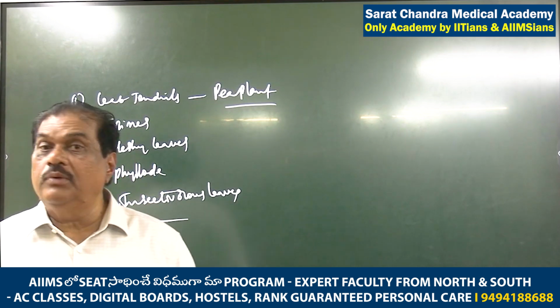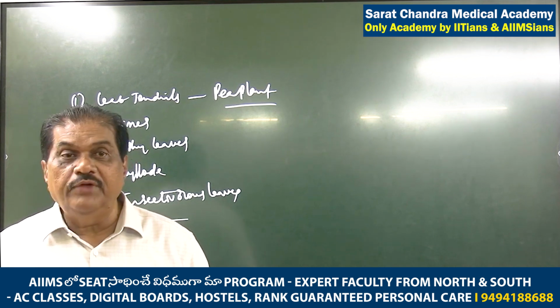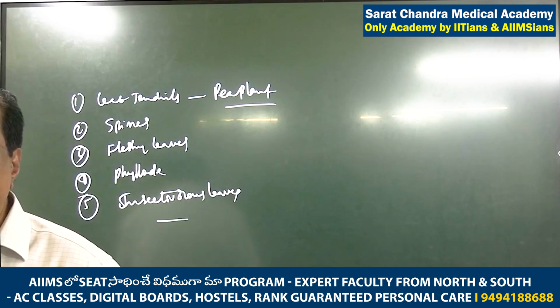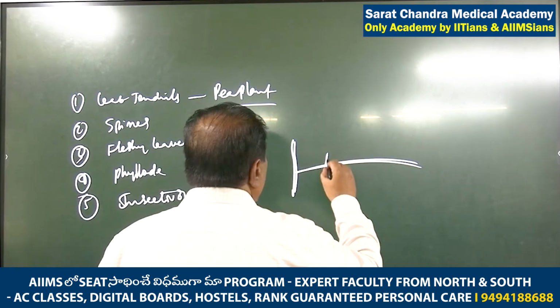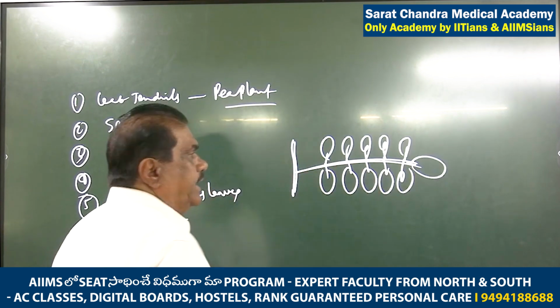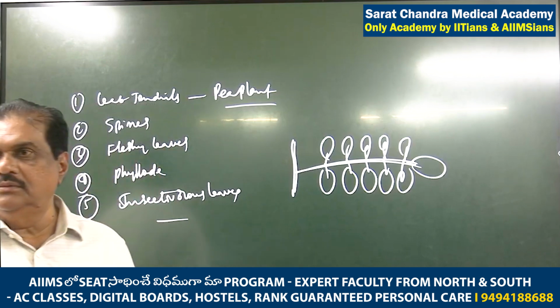Which type of leaves are present in the pea plant? Simple leaf or compound leaf? Which type of compound? Pinnately compound leaf, like this. These are leaflets, this is the petiole and this is the rachis. Pinnately compound leaves are present in the pea plant.